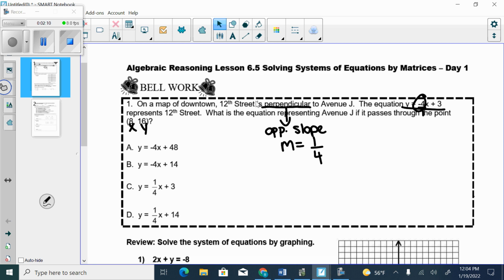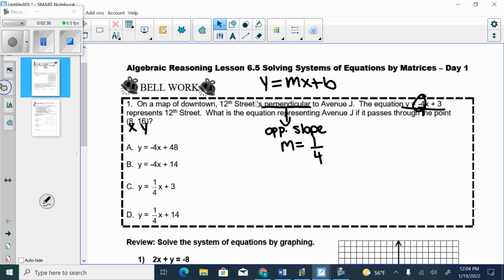Okay, so now I've got an x, I've got a y, and I have an m for slope. Remember, we always write our equations in y equals mx plus b form, right? So what number can I plug in for y? What did we say our y was? 16.